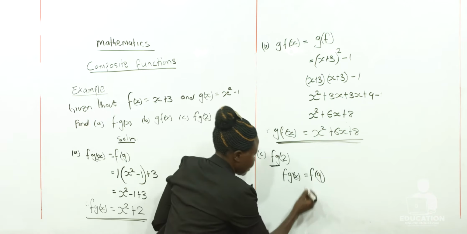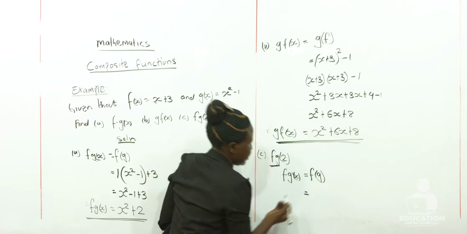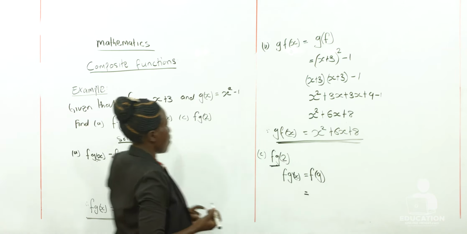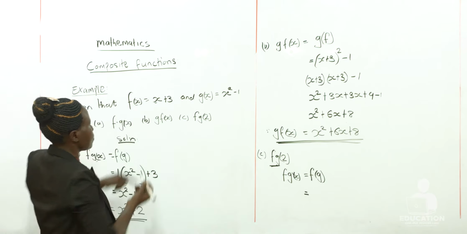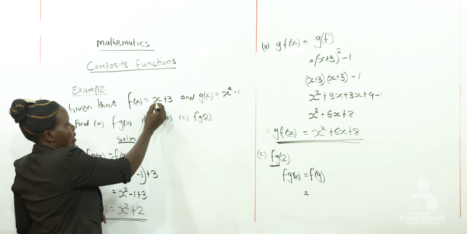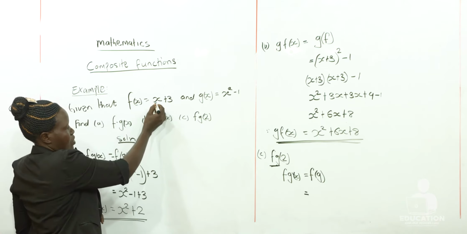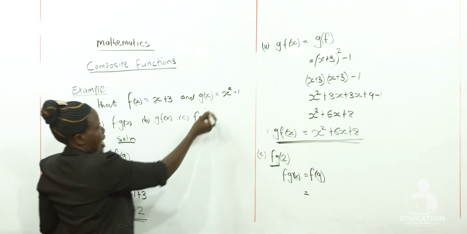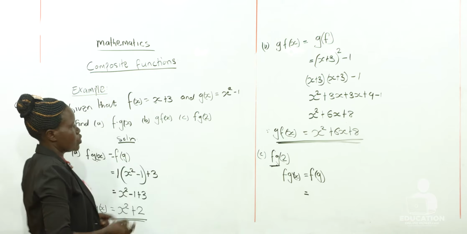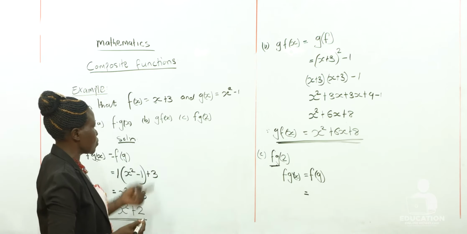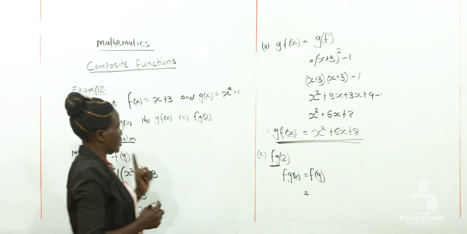So when we substitute this, you only look at the coefficient, we don't repeat, because function f contains a variable which is x, and function g also contains a variable x. So x and x are the same, so we only take the coefficients.